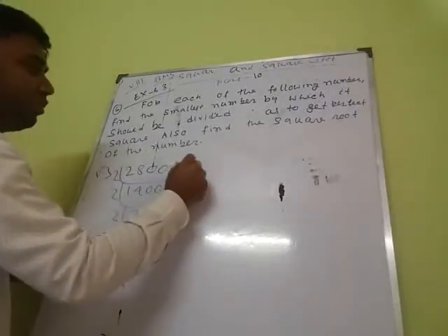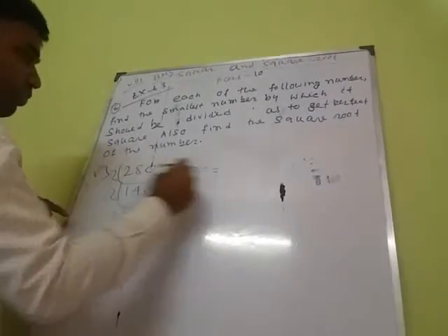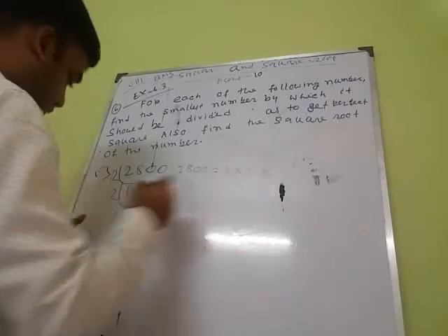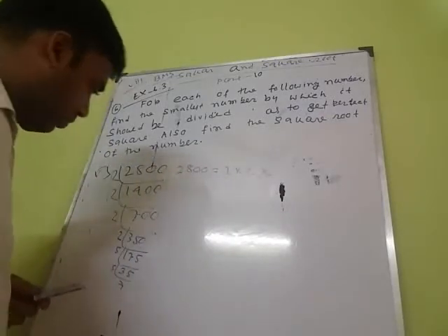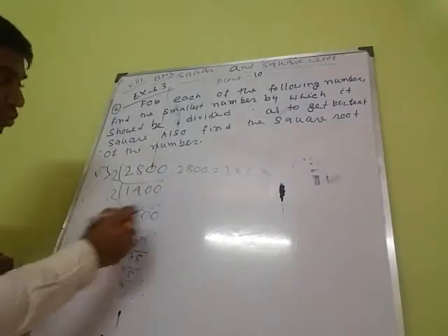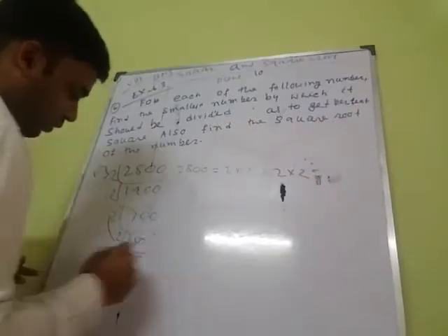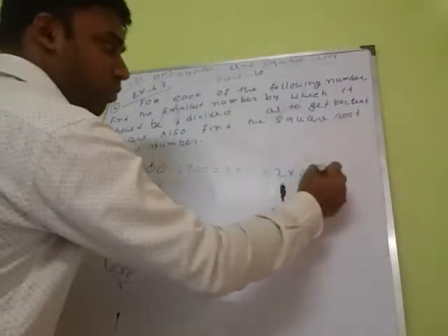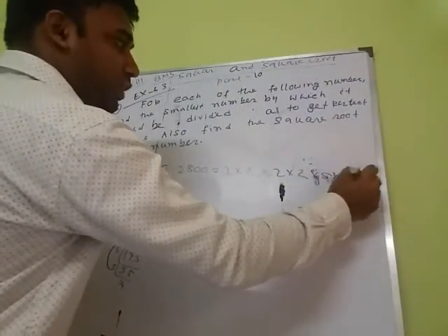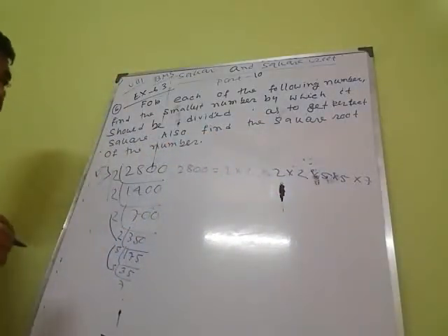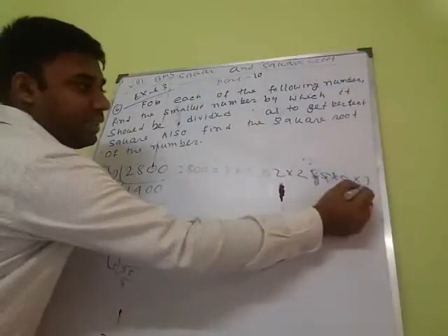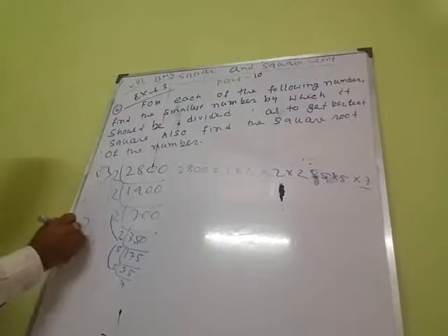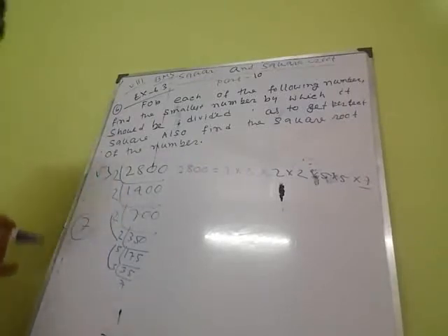So 2800 equals 2 into 2 into 2 into 2 into 5 into 5 into 7, and only the 7 is not in pair form. So divide by 7, the smallest number by which 2800 should be divided.